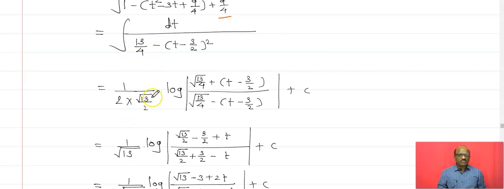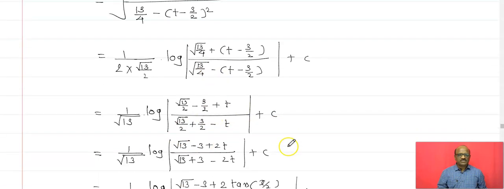The root of 13 by 4 is root 13 upon 2. Now these 2 will get cancelled, and log of in mod of, a plus x, that is root of 13 by 4. Root of 13 by 4 means root 13 upon 2 minus 3 by 2 plus t upon root of 13 by 2 plus 3 by 2 minus t plus c.